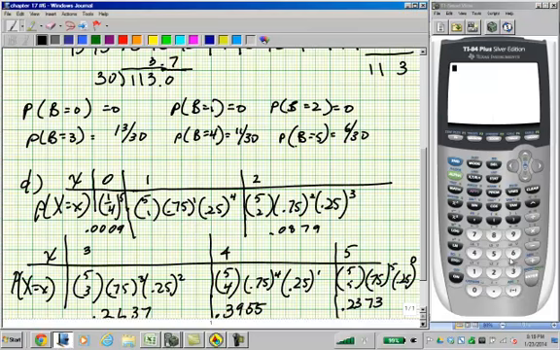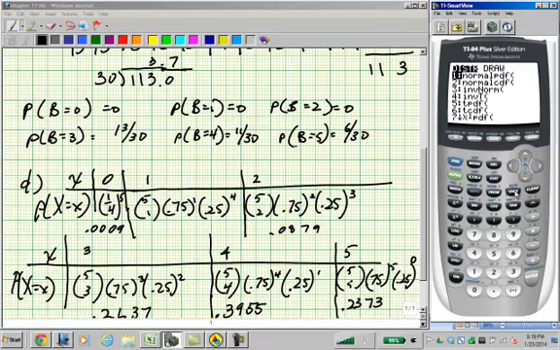I just forgot that I was doing individual probabilities. So that would be second vars and binom PDF. I was doing binom CDF, but binom PDF is what I used when I put together this table. So binom PDF is 5, comma, 0.75, comma, 1.